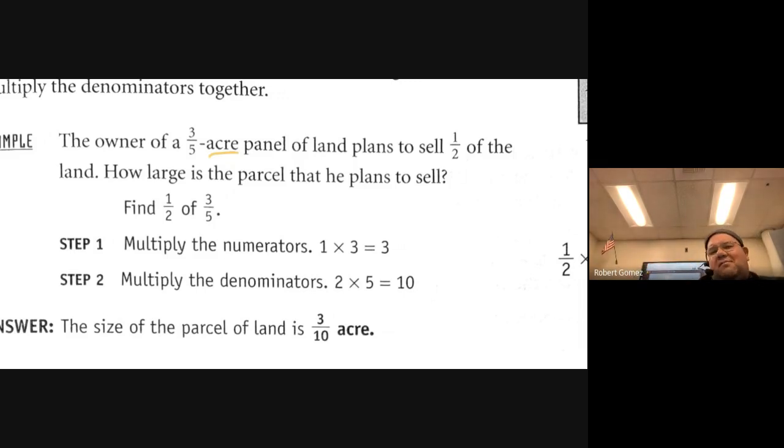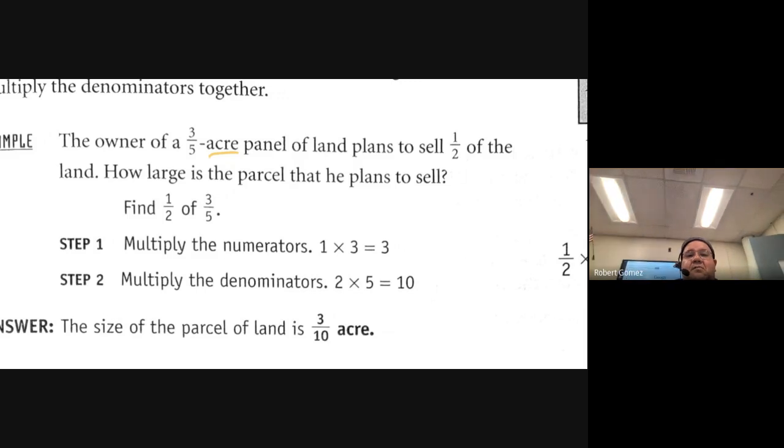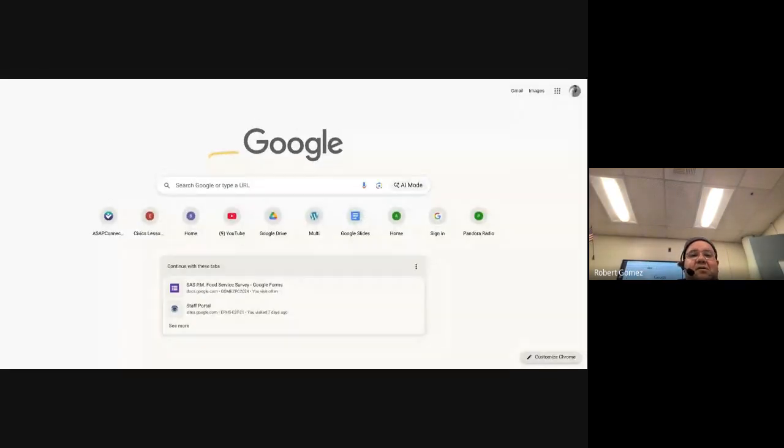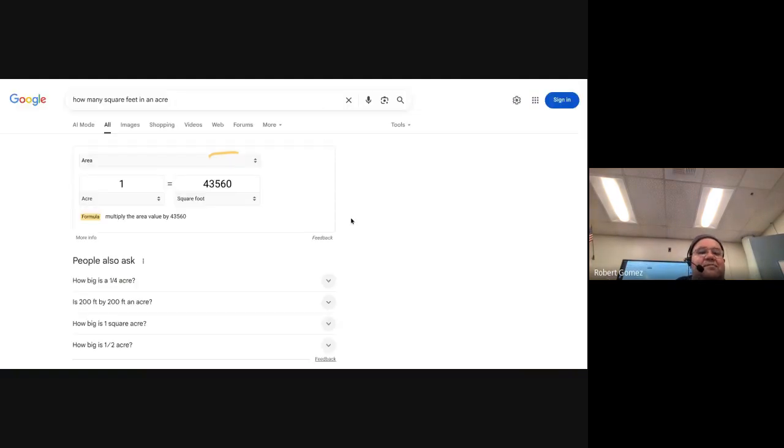I'm not exactly sure. I could look it up really quick, which I will because I'm curious. Oh, that's a common question. It's 43,560 square feet. So that's a big piece of land.